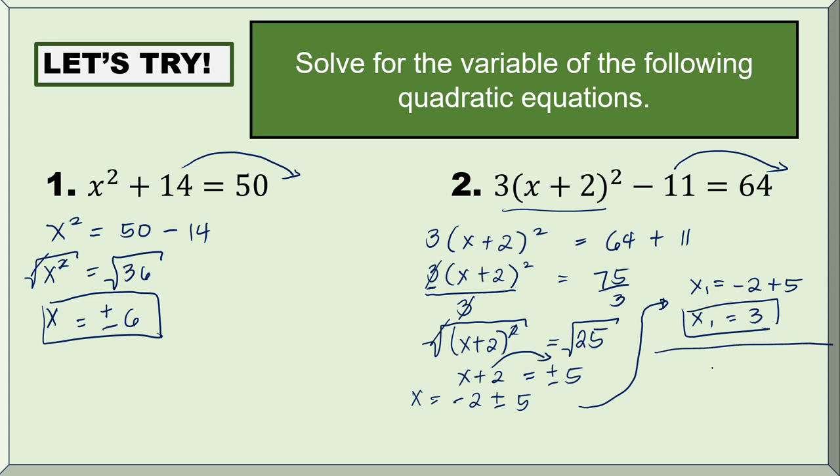And then for the other solution, x sub 2 is equal to negative 2 minus 5. The result here is negative 7. Therefore, the values of x are positive 3 and negative 7.